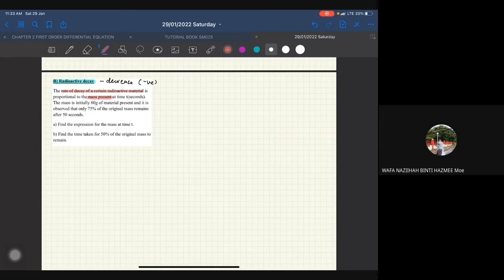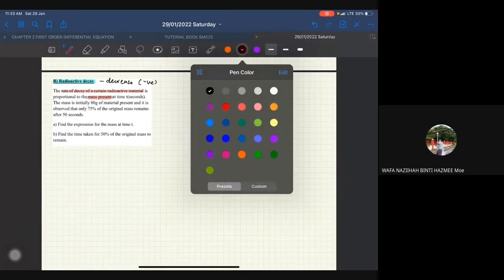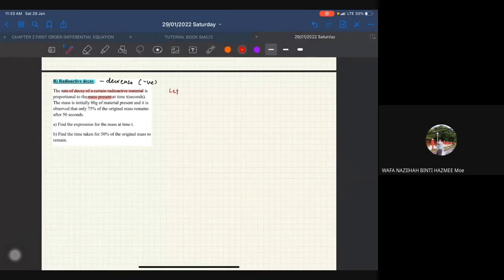Information yang saya boleh buat kat sini, saya guna warna merah, saya akan let M jadi mass of radioactive material.